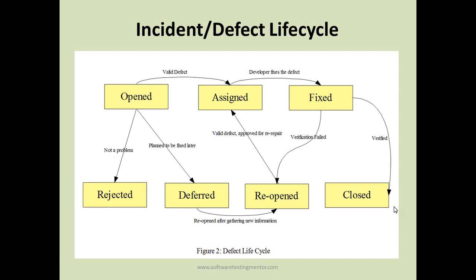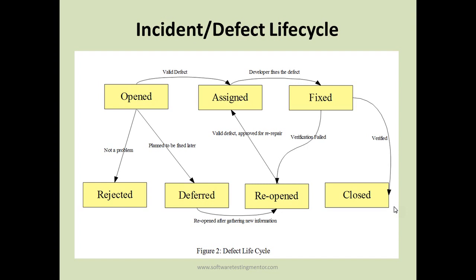So it moves into the fixed state and gets assigned to the tester, who will verify that defect. The tester will verify the fixed defect in the new version of the software that will be available. If the retest passes, then the tester closes the defect and the defect moves into the closed state.